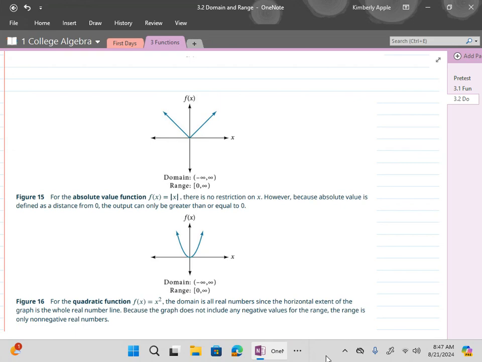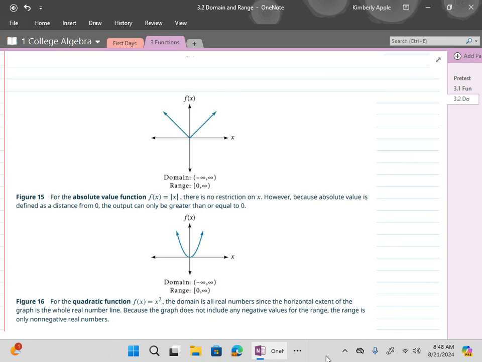So no matter what I plug in, am I ever going to get a negative number out of an absolute value function? No. So the range is only from 0 and up. We have taken out all of the negative numbers because there's no possibility of a negative number coming out of this function. So you have to reason your way through: what does the absolute value function do?